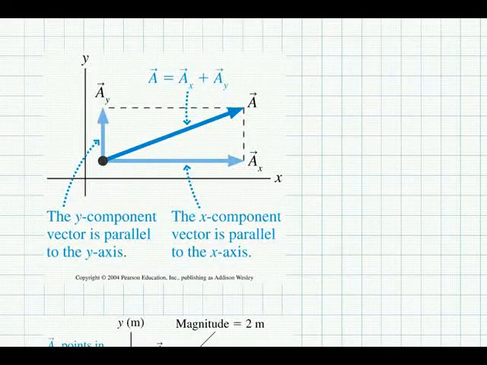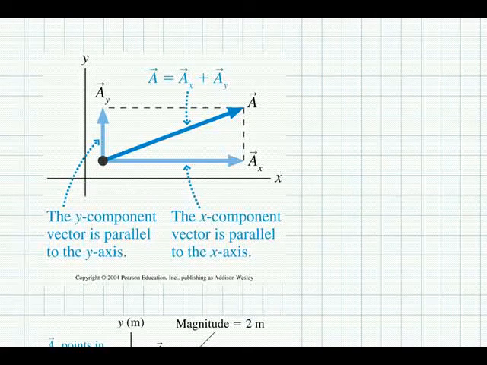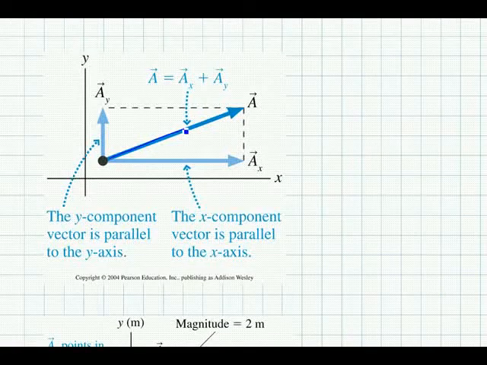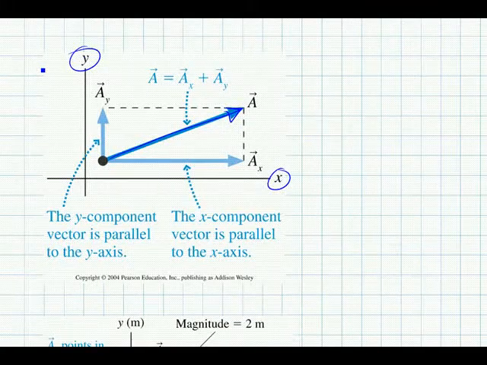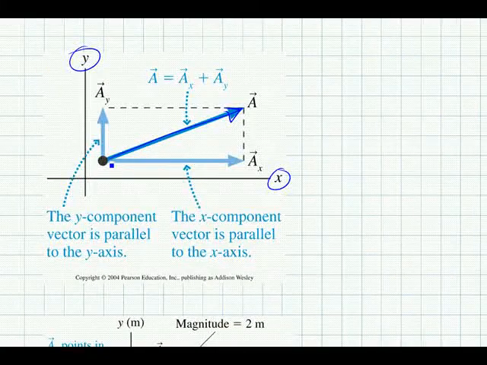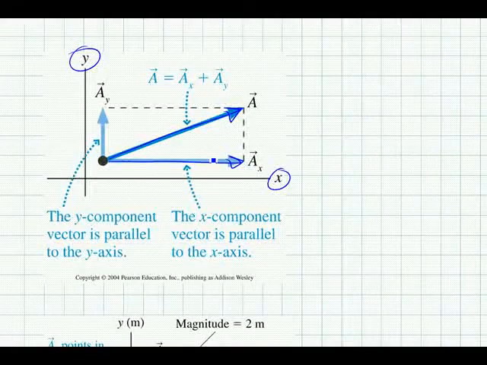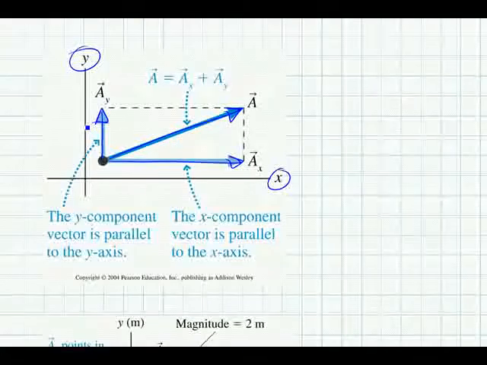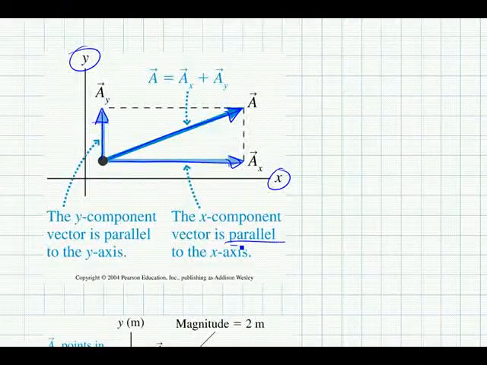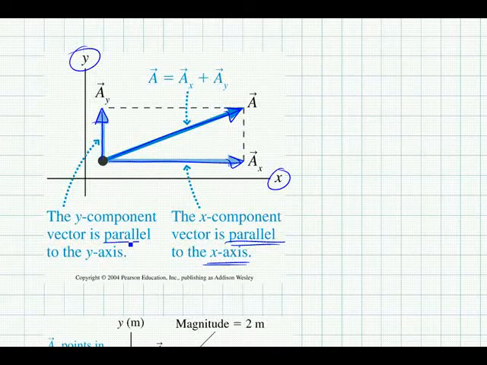Now, how to decompose vectors? Vector algebra using vector components. Here we have the dark blue line, which is vector A, and vector A sits in an xy Cartesian coordinate system. You can decompose vector A into ax, which is the x component of vector A, and ay, which is the y component of vector A. Now the x component is parallel to the x-axis and the y component is parallel to the y-axis.